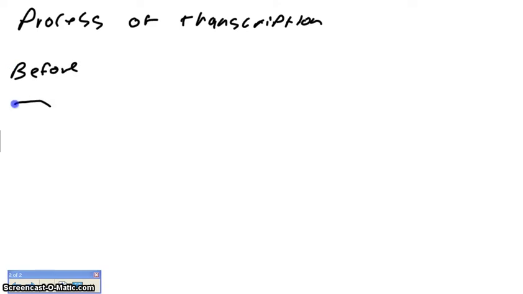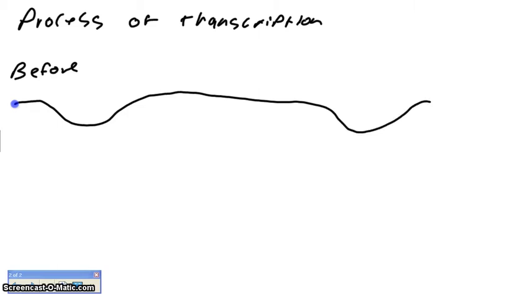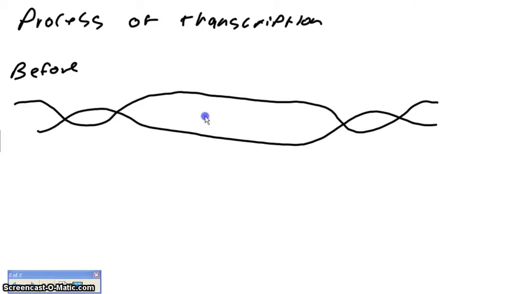Here's our DNA. We're going to go like this, just like we did with DNA replication. And just like with DNA replication, the DNA is in a double helix all the way down, but I'm leaving space here so that I can write letters.